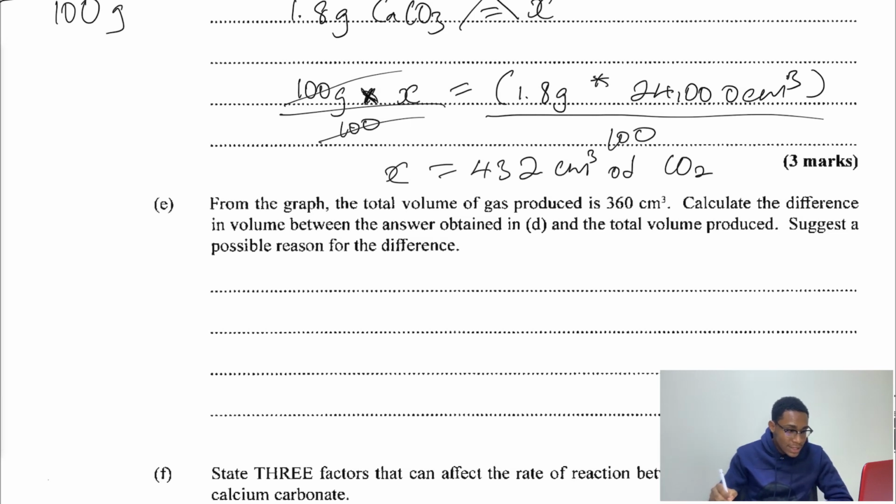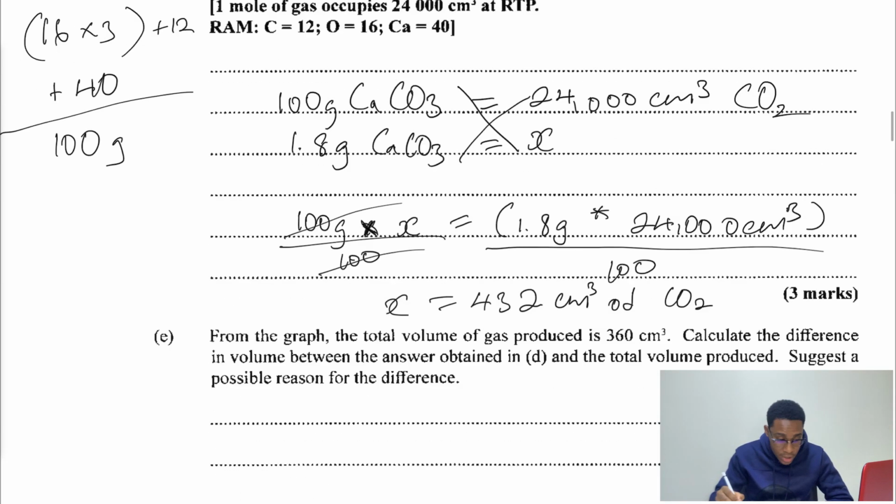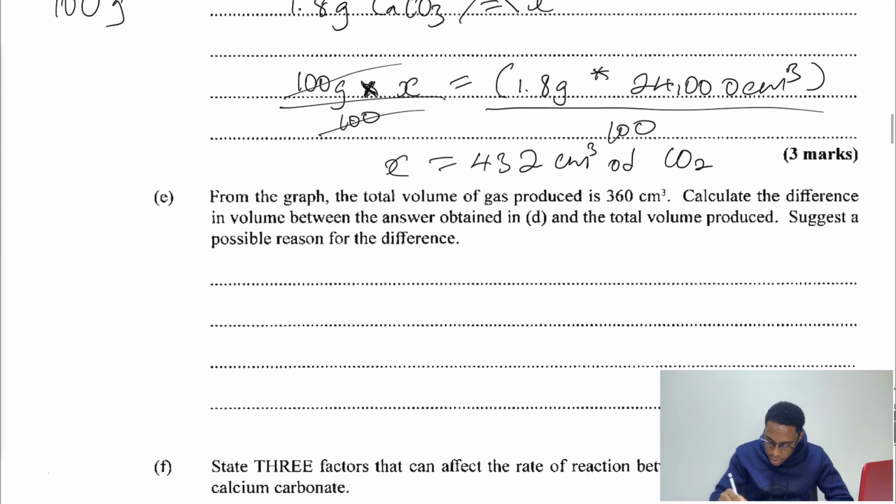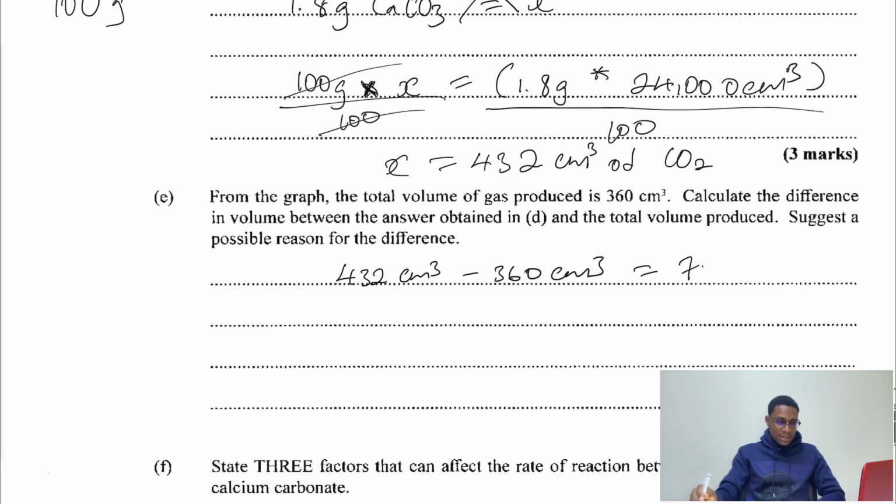So we're going to take 360 centimeters cube, which is the amount of gas produced that we saw from our graph, and take that from the answer that we got in D. So 432 centimeters cube minus 360 centimeters cube. And the difference is 72 centimeters cube.